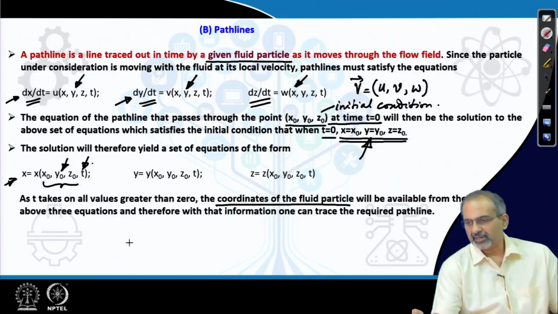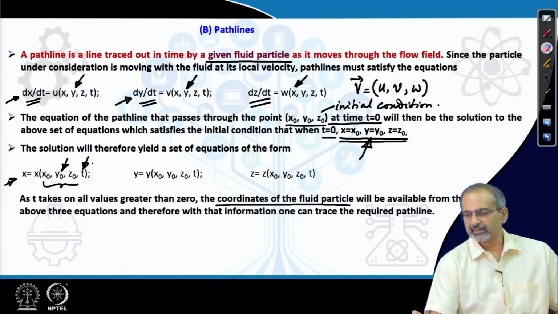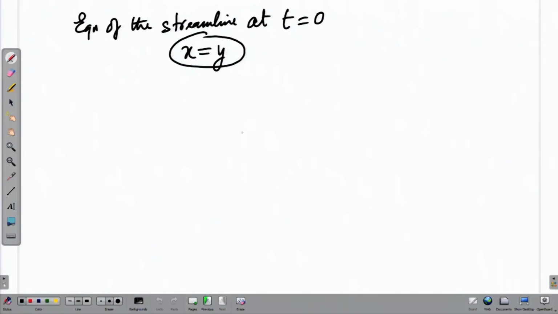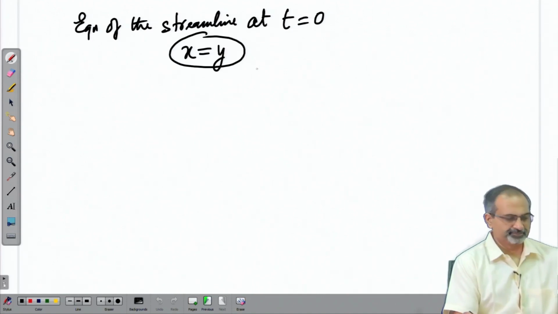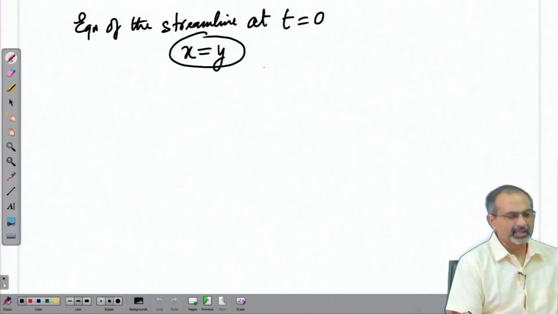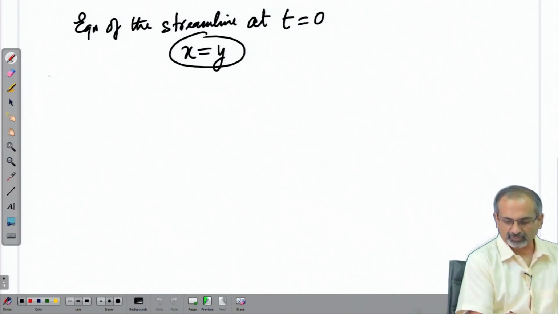So, keeping this concept in mind, let us go back to that problem. We remember the last time the equation of the streamline at t equal to 0 was given by x equal to y. Now, for the path line, let us see how we take it forward.